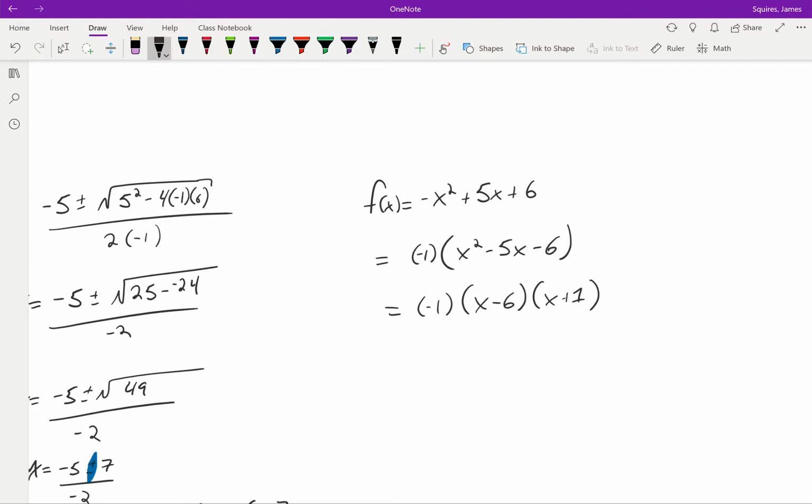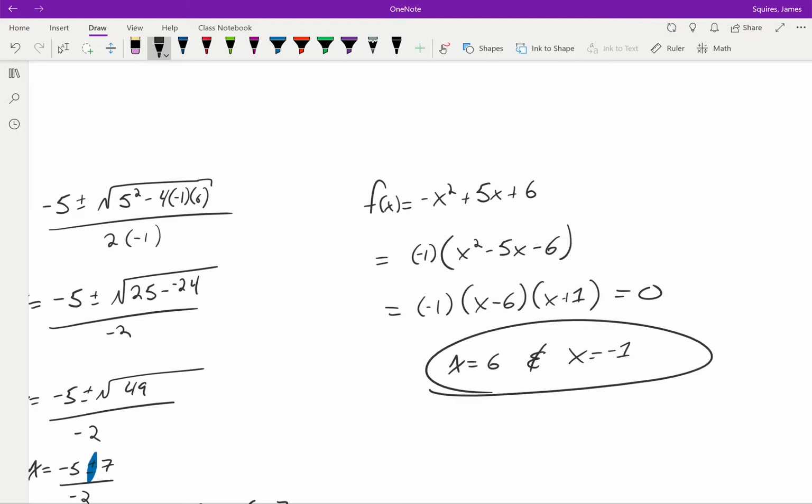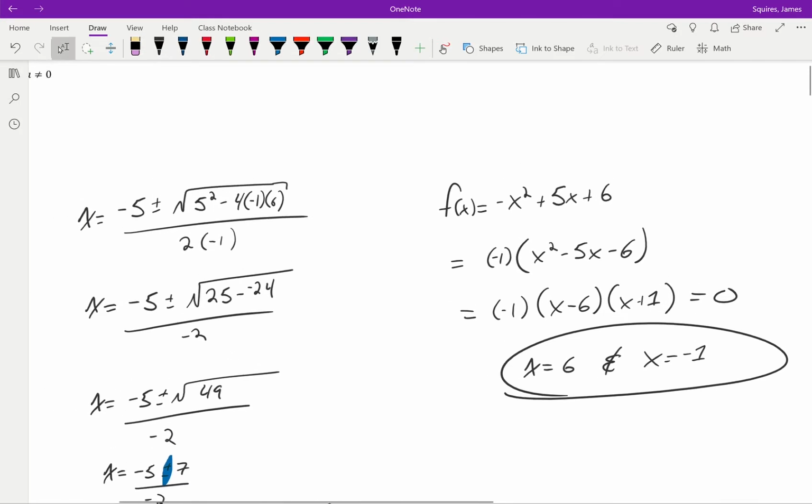And then if this function equals 0, then we know that x equals positive 6 and x equals negative 1 will give us the values of x that will make our function equal to 0. So that's two different ways that we could have solved this problem.